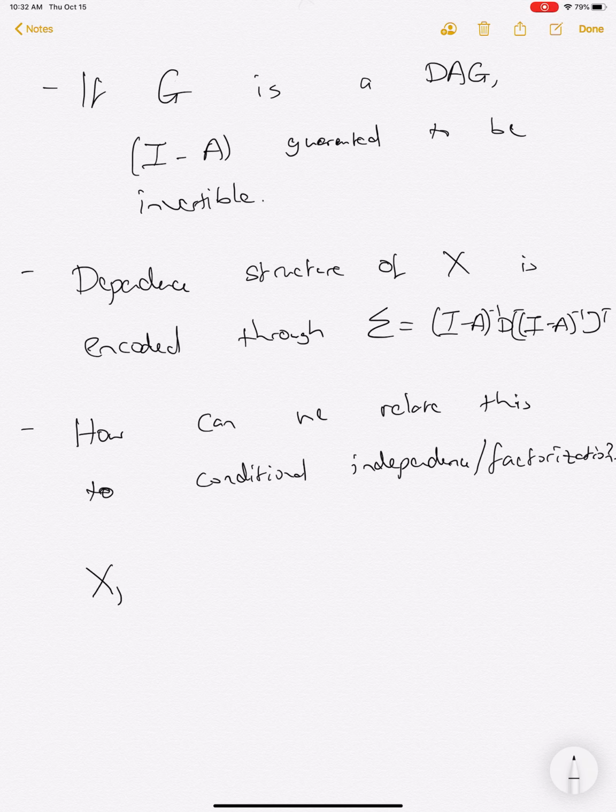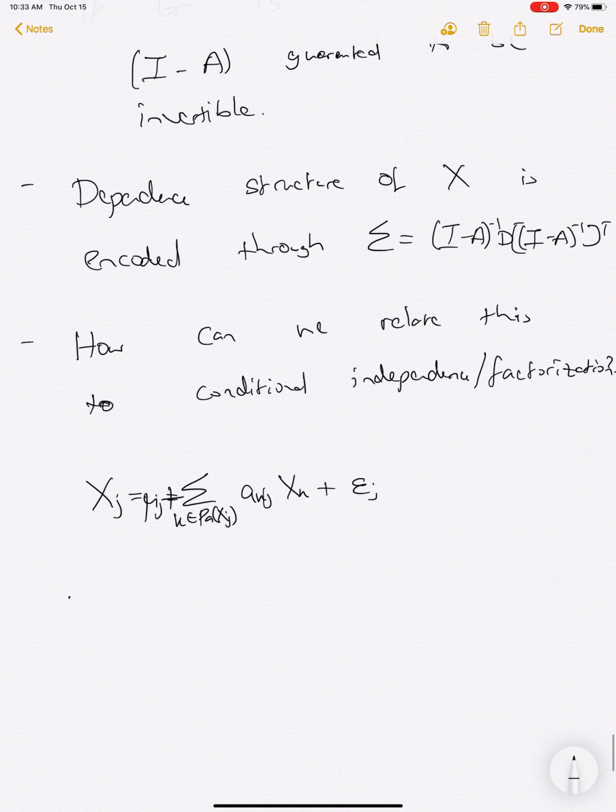We have that xj equals this equation plus the mu j, right?